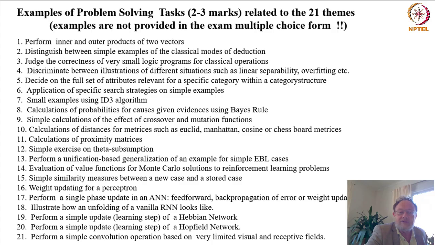And then you got a similar list of example questions, with the same disclaimers, for the more problem-solving oriented ones, which give a couple of marks each, depending. The actual number may depend on the judged complexity of the small task.